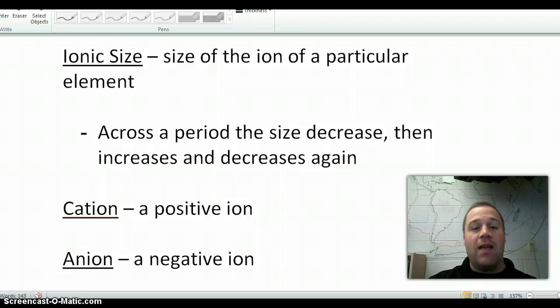For ionic size, we need to know that it decreases and then it increases again. Basically, you have 2 types of ions. You have a positive ion, which is called a cation, and you have a negative ion, which is called an anion. Cations, positive ions, the more positive you are, meaning you lose more electrons, the smaller you get.